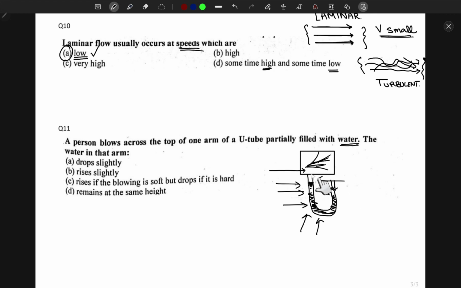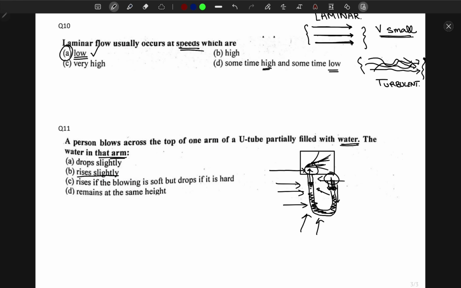So when he blows across this arm, that creates a partial vacuum, and because there is atmospheric pressure from here, there will be a change, because now here there is less pressure and here there is more pressure. That change in pressure would push this water downwards over here, which would in turn cause it to rise from this arm. So the water in that arm would rise slightly.